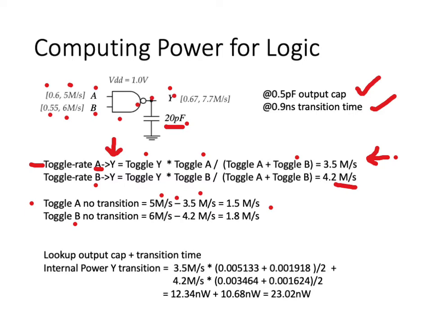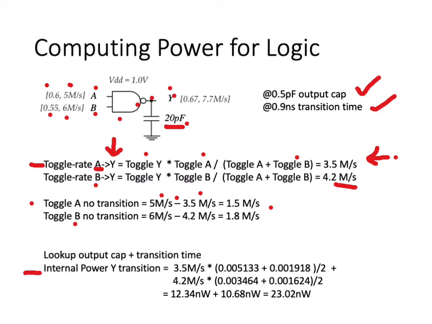We will now proceed to estimate the dynamic power that is consumed by toggling at the output Y, and this toggling can be associated mostly with the short circuit current that occurs.